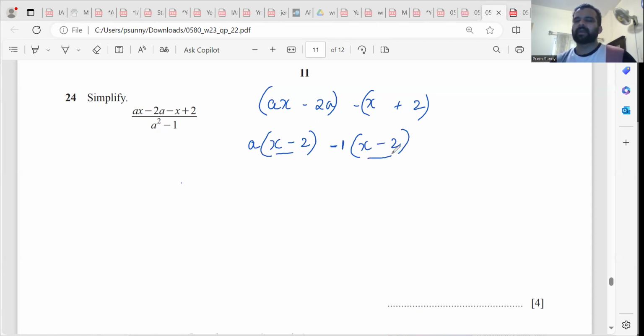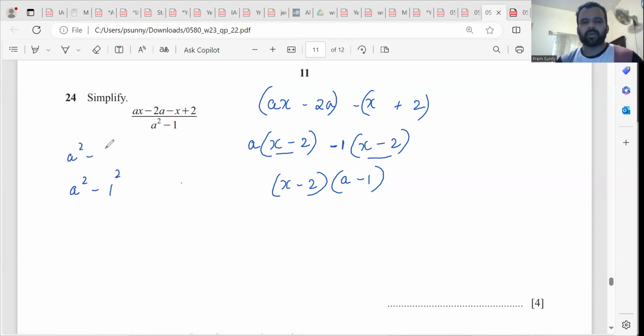The things inside the bracket should be the same. If it is the same, that means your answer is correct. You have to write once the things inside the bracket, and once the things outside the bracket. So I factorized the numerator. Denominator a square minus 1. 1 can be written as 1 square. We know the formula a square minus b square is equal to a plus b into a minus b.